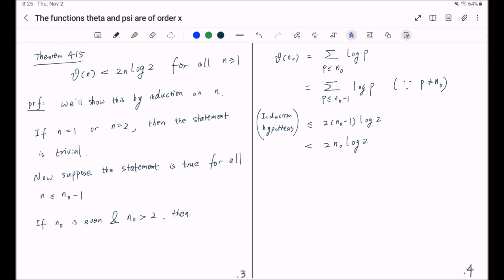Now, what happens when n naught is odd? If n naught is odd, say n naught is equal to 2m plus 1. And now we have theta of n naught is equal to theta of 2m plus 1.